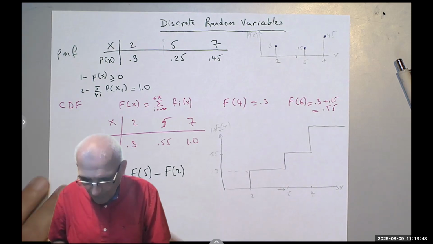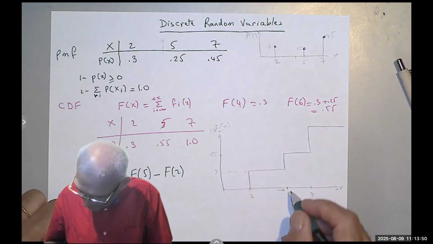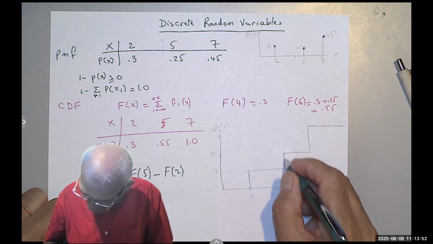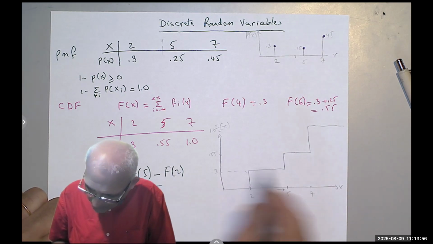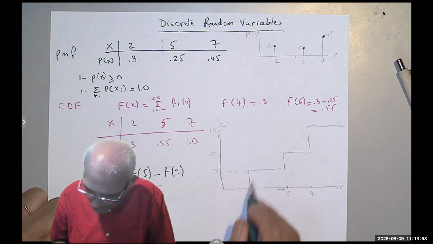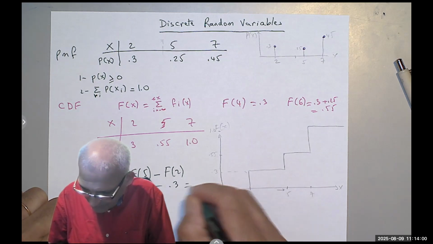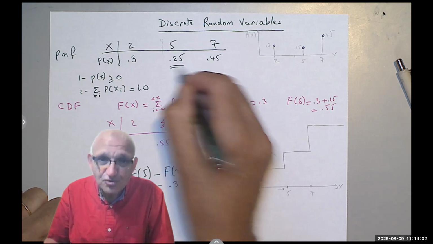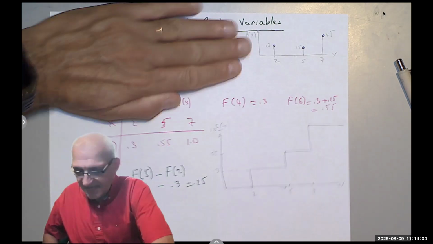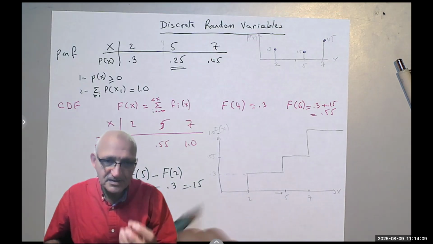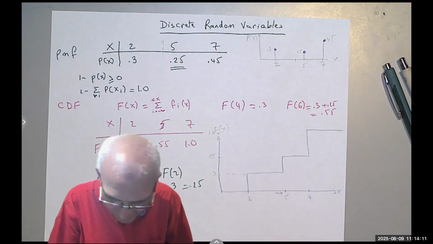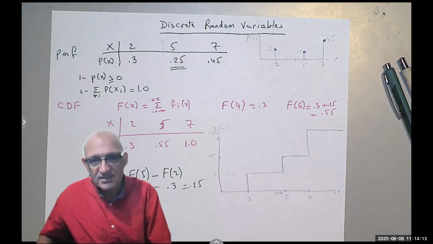If I want the probability of 5 by itself, I take this big thing, f of 5, but then I subtract what's before it. Before it was 2, which is 0.3, so I get 0.25. Of course, it is 0.25. But if I didn't have that and I had this, I can find the probability of a particular event. Okay, so we are done with these functions.